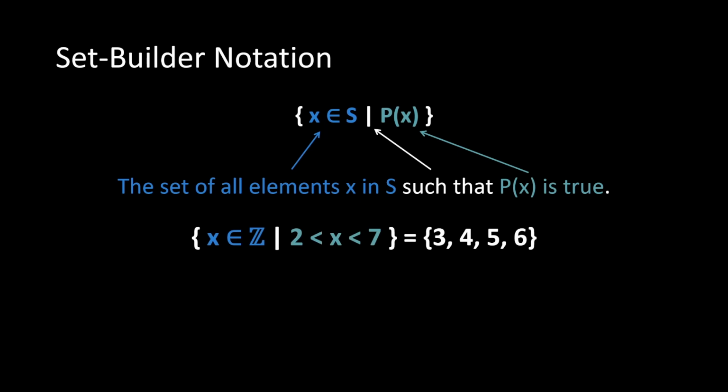Here's an example. We have the set of all integers X such that 2 is less than X, which is less than 7. This gives us 3, 4, 5, and 6, because 3, 4, 5, and 6 are all integers that are between 2 and 7.